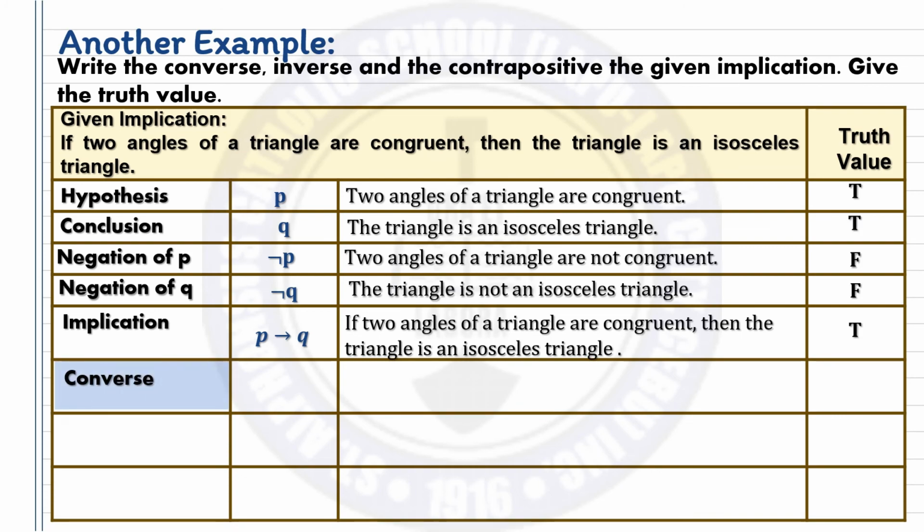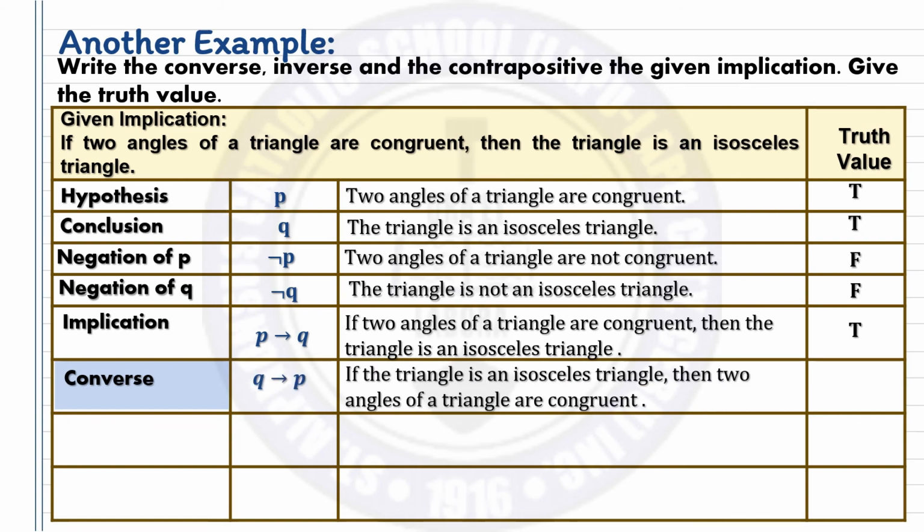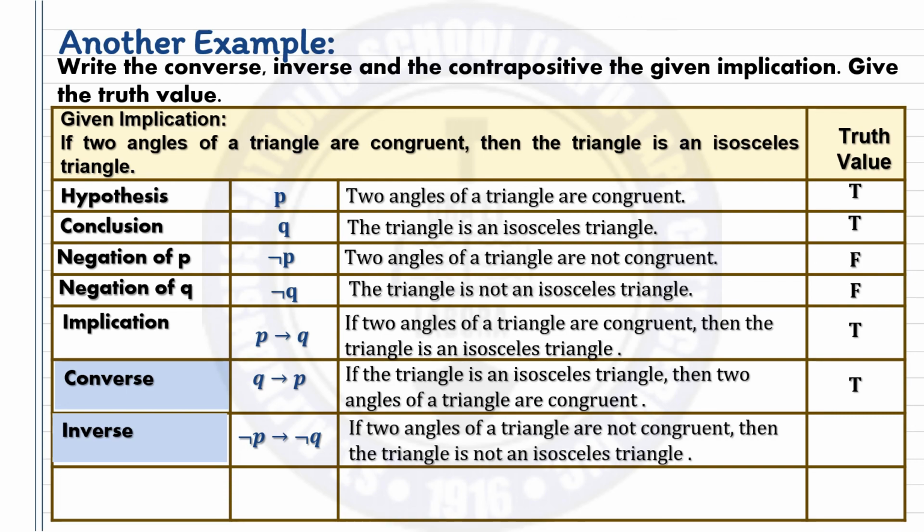For the converse, if Q then P, we have: if the triangle is an isosceles triangle, then the two angles of a triangle are congruent. That's true. For the inverse, you will have if not P, then not Q. So our statement will look like: if two angles of a triangle are not congruent, then the triangle is not an isosceles triangle.